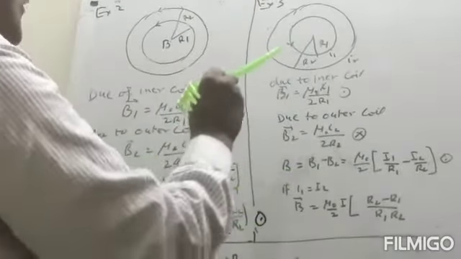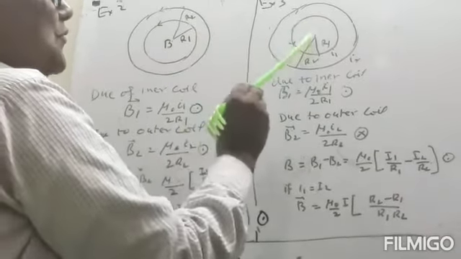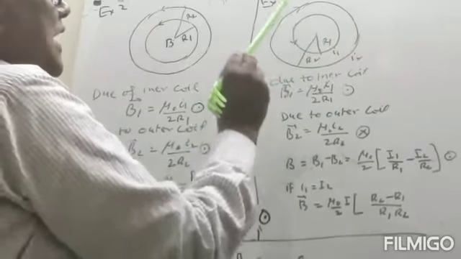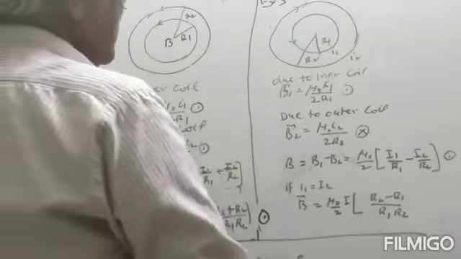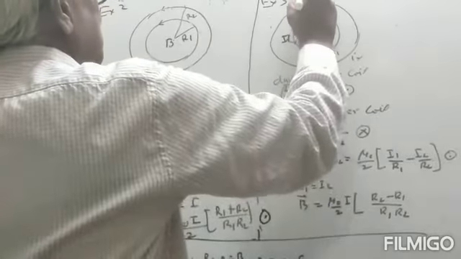So the magnetic field at the center, which is common for both coils, whose radii are R1 and R2 and currents are I1 and I2.